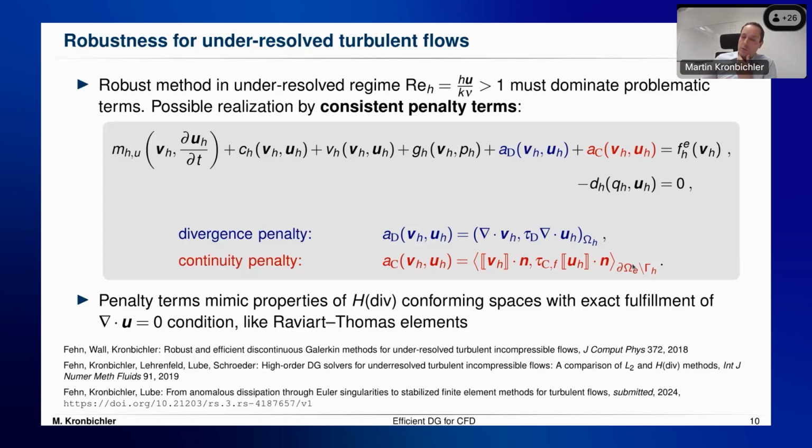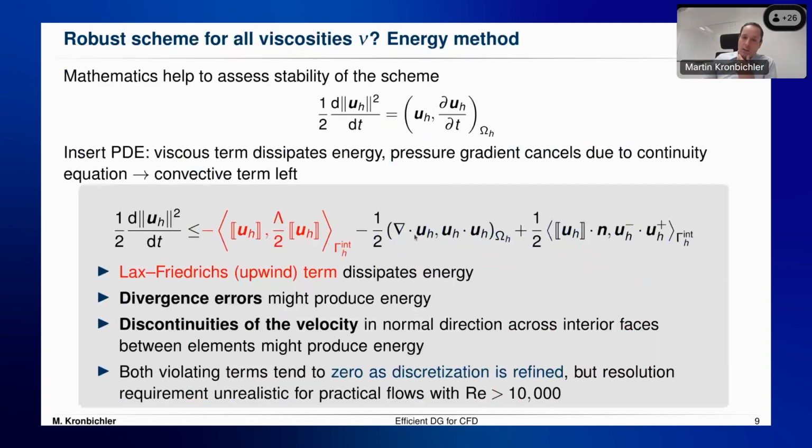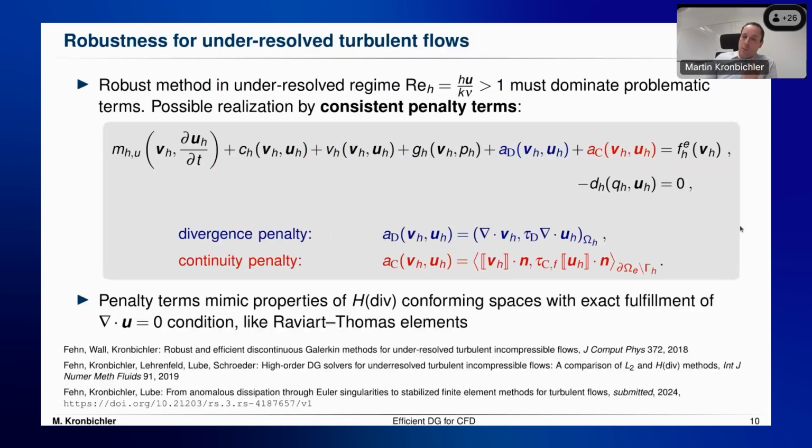So essentially, when you look at the 2 violating terms in the energy estimate on the slide before, we just say, well, we pick those such that they are dominated by penalty factors. And then we had an analysis a few years back when we considered what happens if we do this penalty factor. Well, essentially, we're just making the space approach something like an H-div conforming space, which exactly fulfills the divergence-free condition.